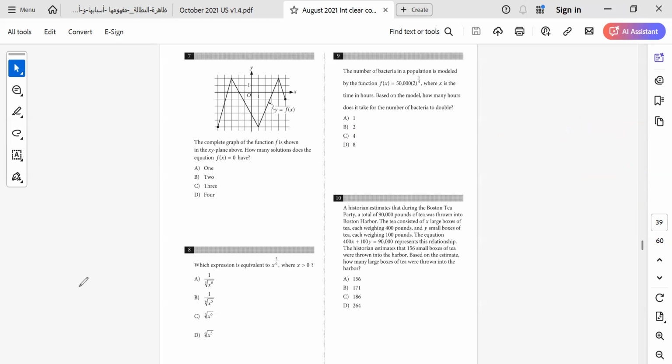The pen is not working. Okay. He gives me the equation 100x plus 100 and the value, which is the number of y. I'll put it here, the number of y equals 90,000. Then solve that to get the value of x.